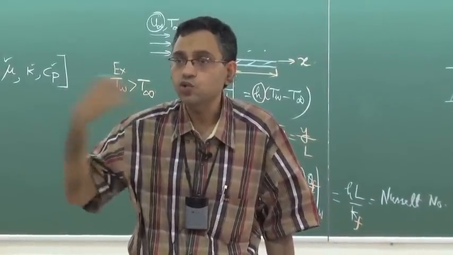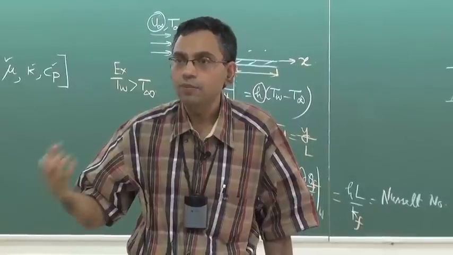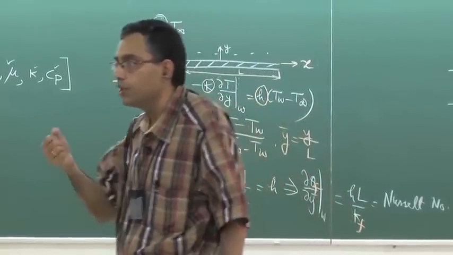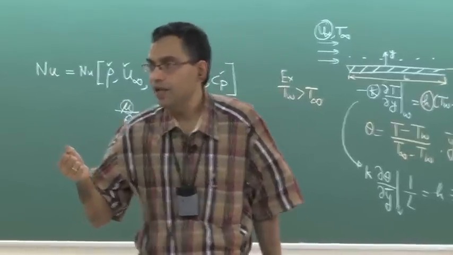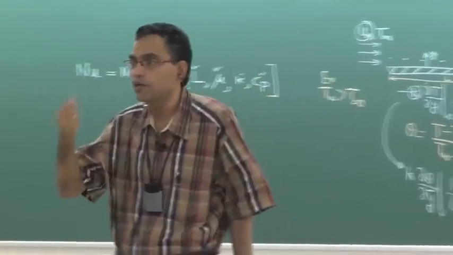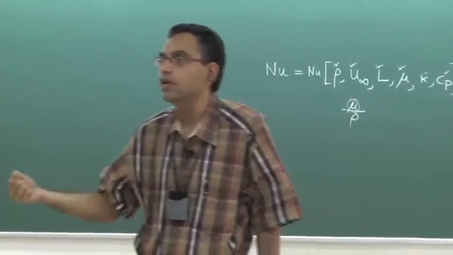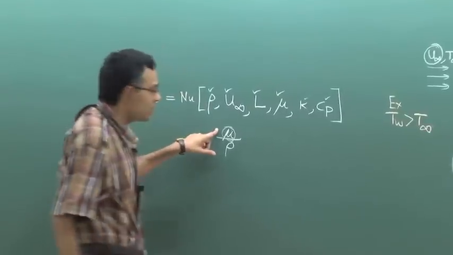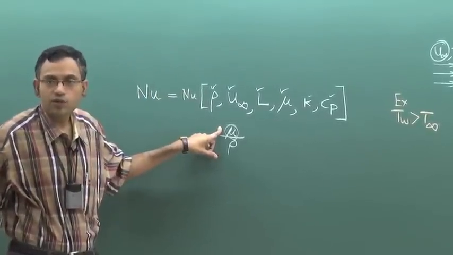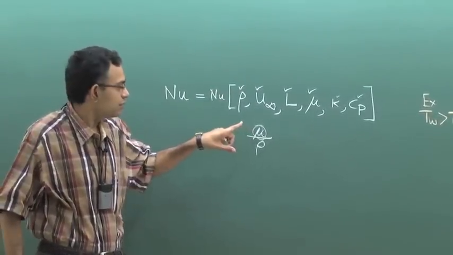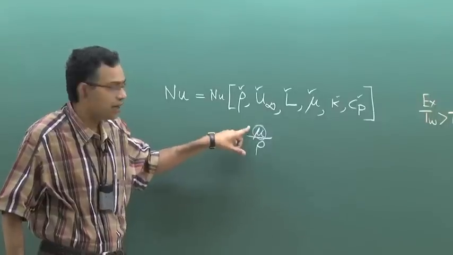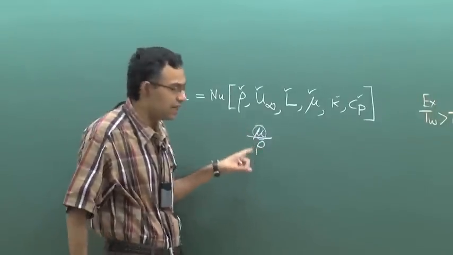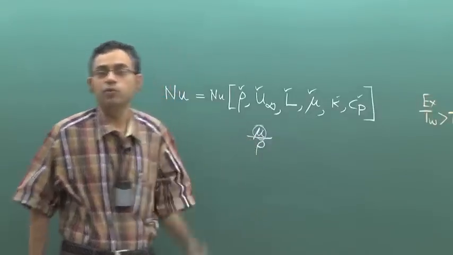By virtue of which property of the fluid? By virtue of the inertia of the fluid, it tends to sustain its momentum, and inertia of the fluid is proportional to the mass, and mass is proportional to the density. So, mu is the tendency of the fluid to undergo a change in momentum or disturbance in momentum, and rho is the tendency to sustain the momentum.